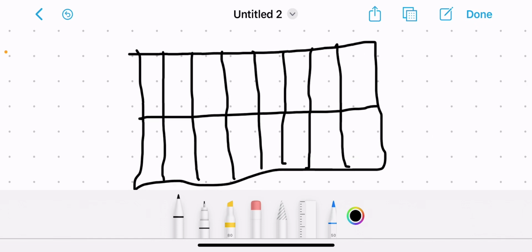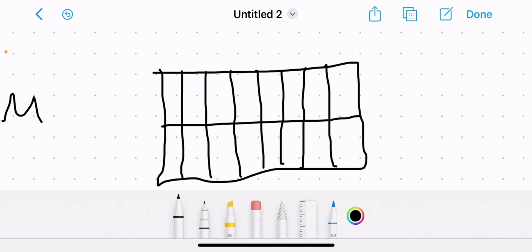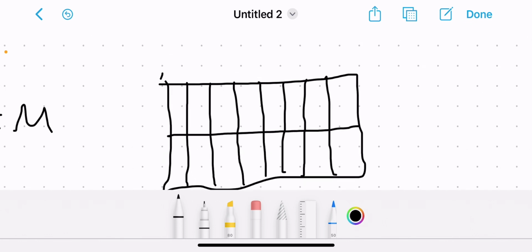Now, the problem was talking about 7/8. So I am going to use this to show that I'm using 7/8. And I can label that just like that. Then I'm also going to represent that I'm multiplying it times 1/2.